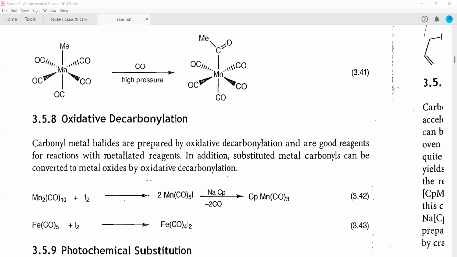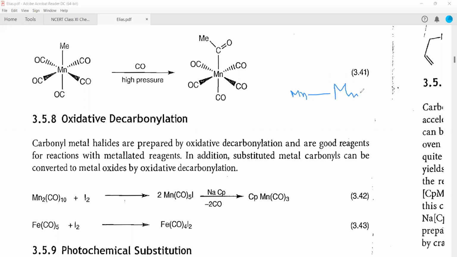In the whole process, here there is no decarbonylation happening. Here it is just the breaking of the metal-metal bond. So you're introducing iodine and breaking this metal-metal bond. Let me draw it. You have this metal center, and there's a bond.